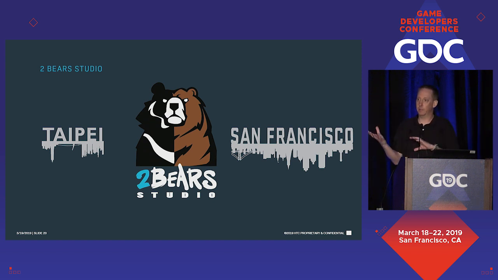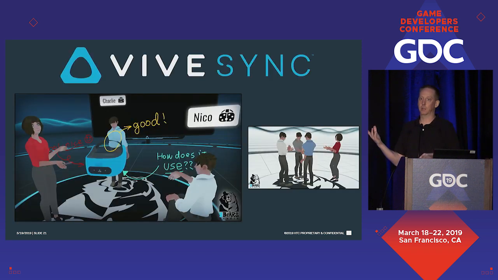Because it has the infrastructure, it's allowed us to take this thing that's worked well for us and scale it and distribute it wider. So later this year, we are going to launch Vive Sync, which is our meeting and collaboration app. We are going to be showing it in the room later at GDC on Wednesday, so you'll be able to come by and check it out.